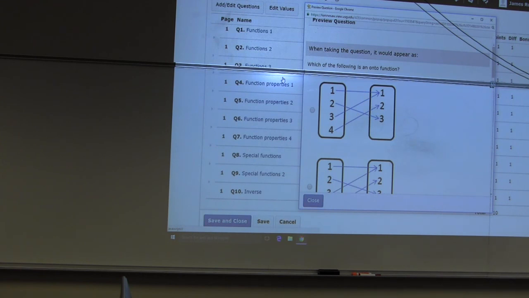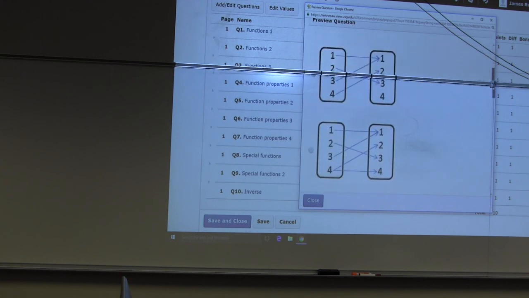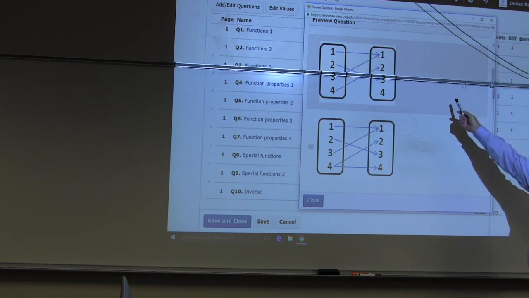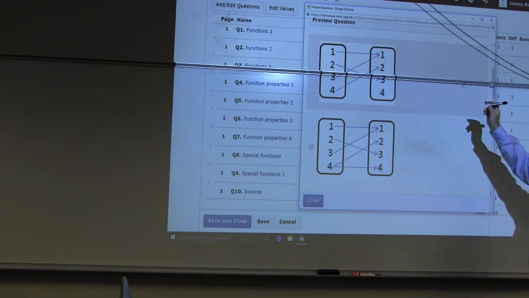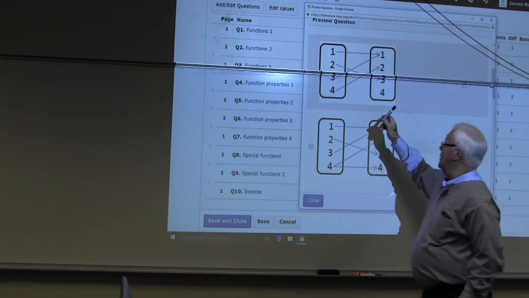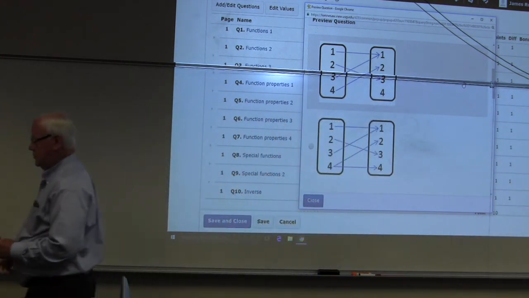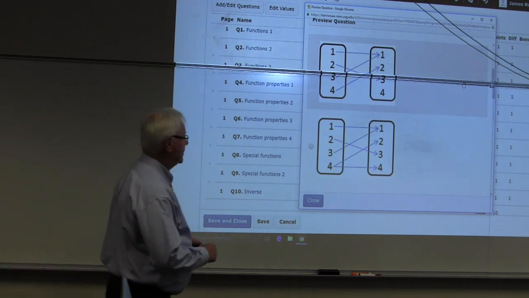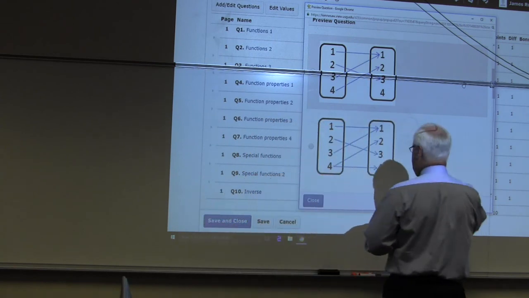Let's look at the others because of their value in studying. What about the second one there? Do y'all see this all well now? Is this one an onto function? It isn't because the 4 is not used. Okay? What about this one here?